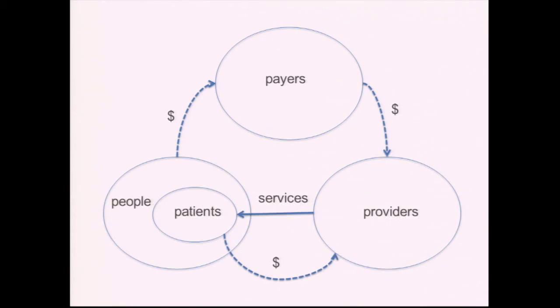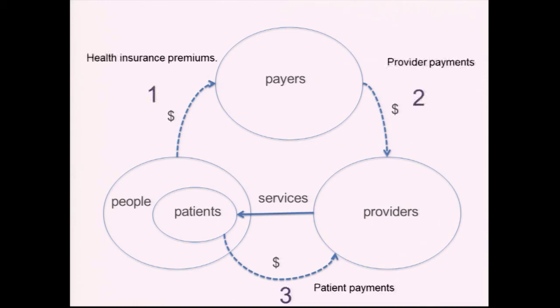And patients, as most of you are probably familiar with, often pay a little bit, or sometimes what feels like a lot, in addition to the payment that the healthcare provider is receiving from an insurer. Okay, so this is the basic outline of a healthcare system. Obviously, it's much more complex, but you can think about this as a stylized healthcare system.